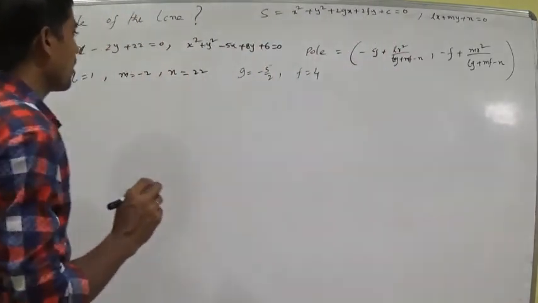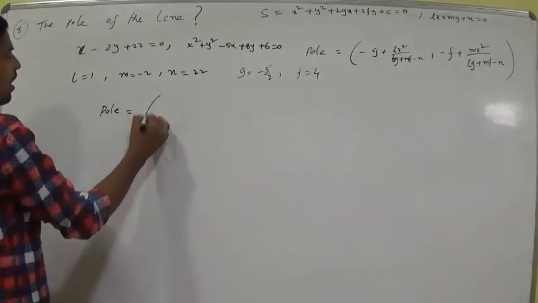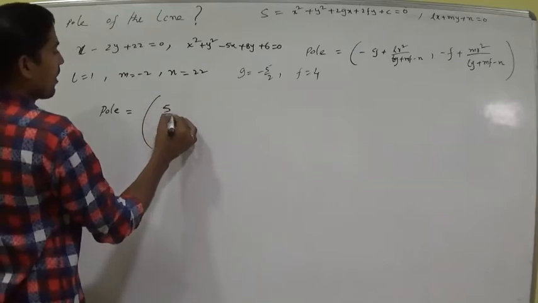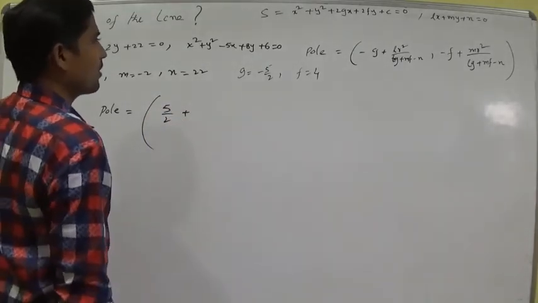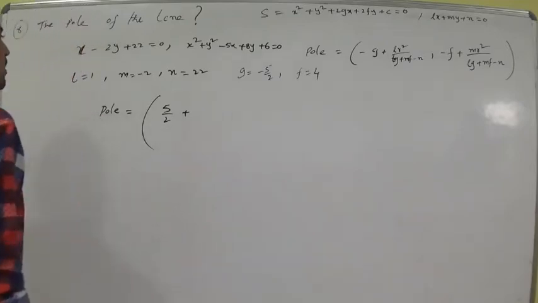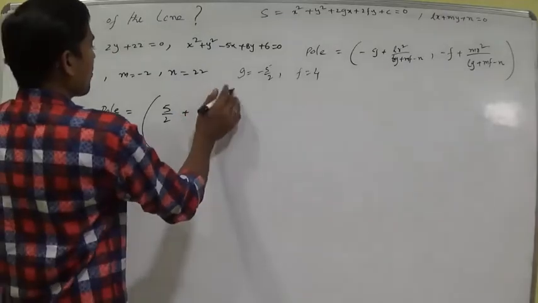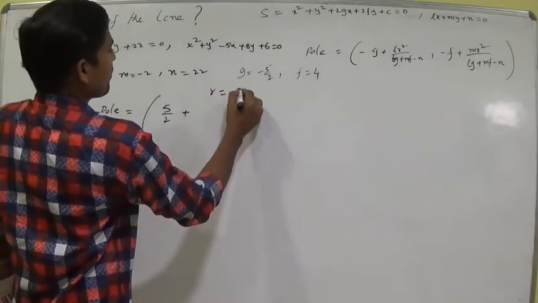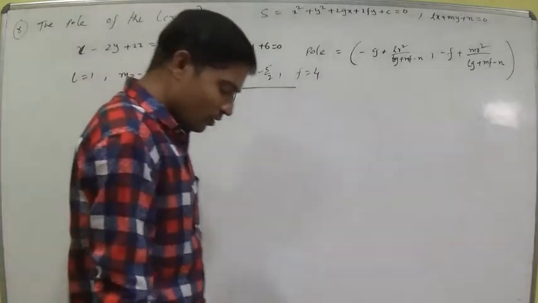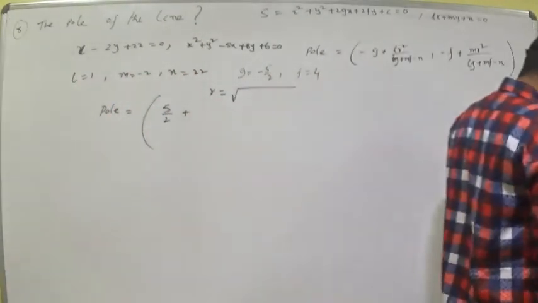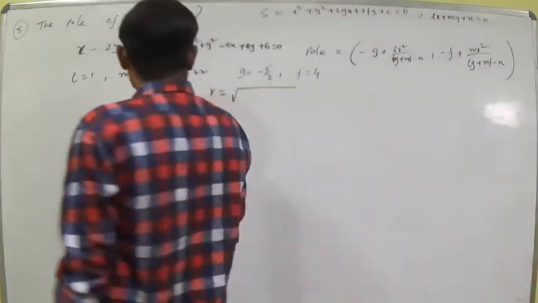Then pole equal to minus g, 5 by 2, plus lr square, L is 1. We have to find the value of r also. What is the formula for r? R equal to square root of g square plus f square minus c.